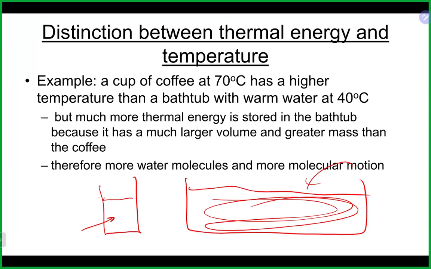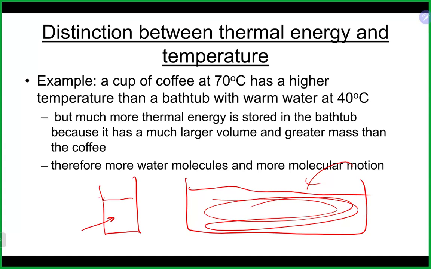The reason the temperature is higher is the amount of, say, water in there is much less than a bathtub, right? So if you had a very small amount of water and you heated it up, it's going to heat up a lot faster than if you had a giant pot of water, right? It's going to take a lot longer for that to get warm, just because of the pure volume of it there.